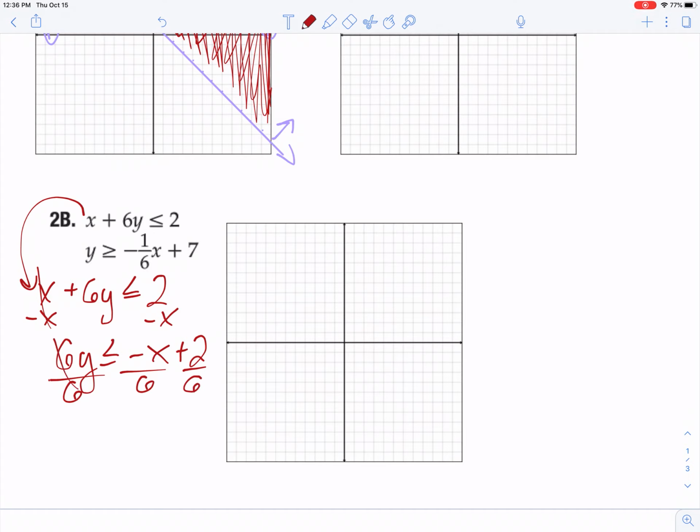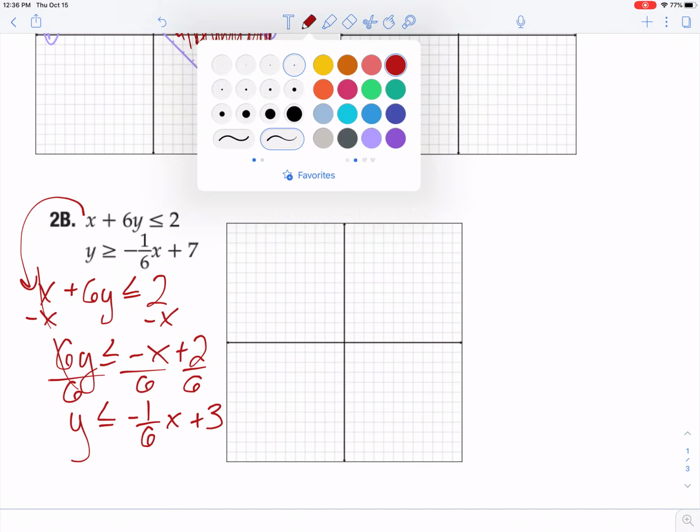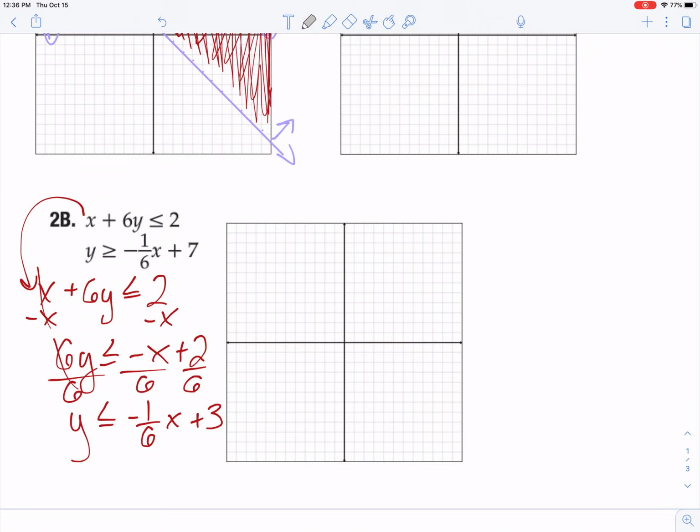Divide everything by 6. y is less than or equal to negative 1/6 x plus 3. And the reason I know that it is 1/6 x is I remember that I can put a coefficient of 1 there. That's always there, even though I don't always write it, which gives me that negative 1/6 with that x.